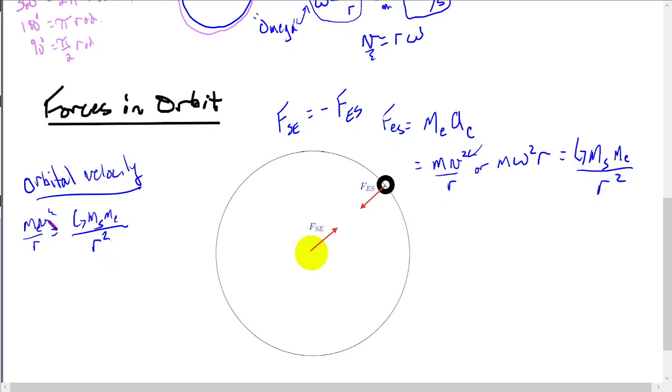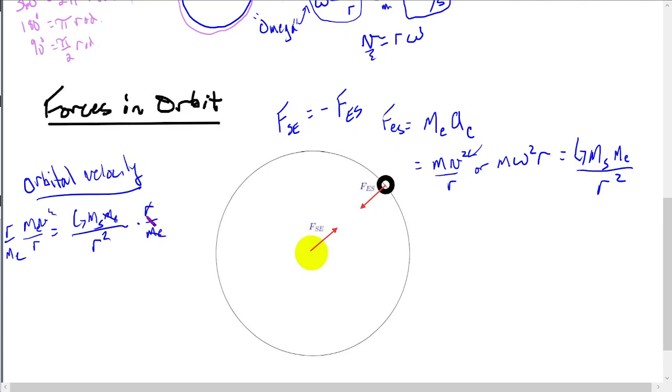All right, and we want to get v squared by itself, so we're going to multiply both sides by r over m_E. Okay, so that's going to cancel some things. It's going to cancel our mass of the Earth.